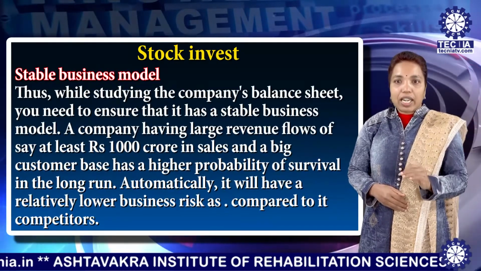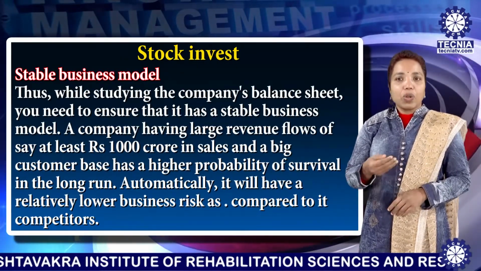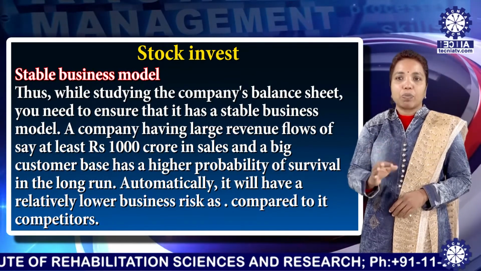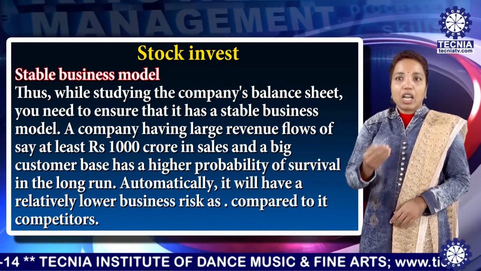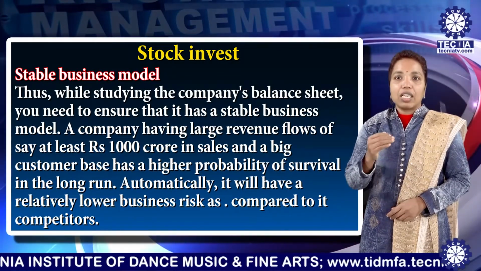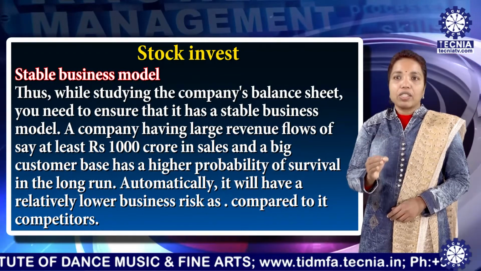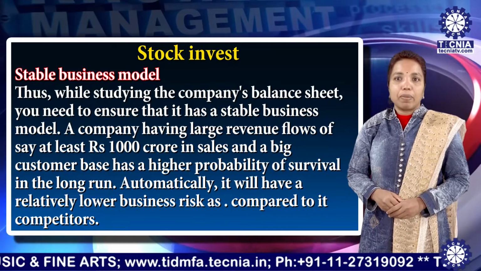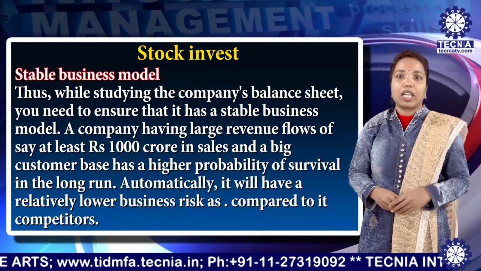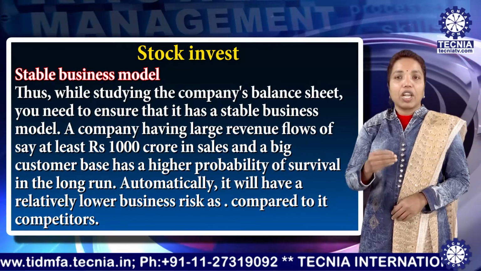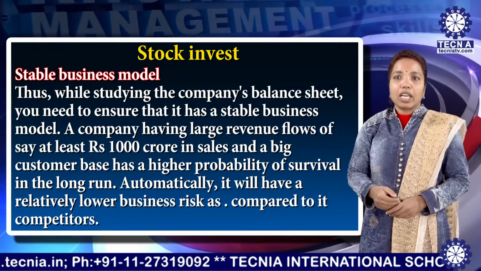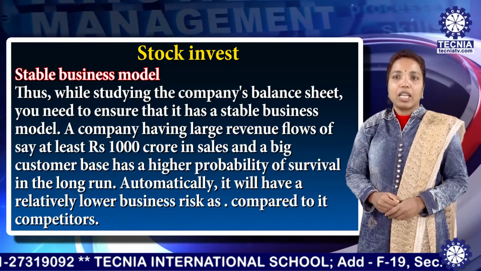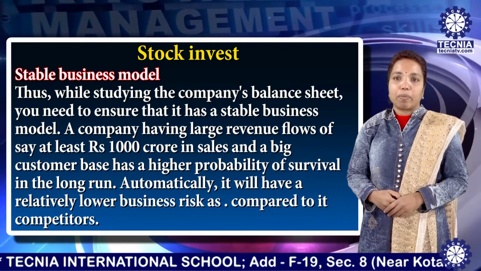Thus, while studying the company's balance sheet, you need to ensure that it has a stable business model. A company having large revenue flows of, say, at least rupees 1000 crore in sales and a big customer base has a higher probability of survival in the long run. Automatically, it will have a relatively lower business risk as compared to its competitors.